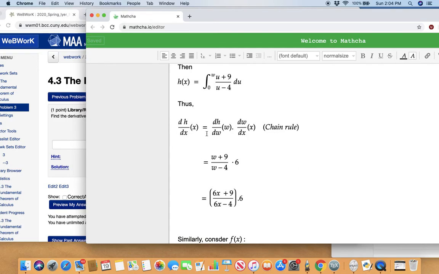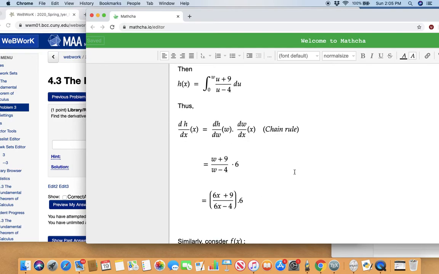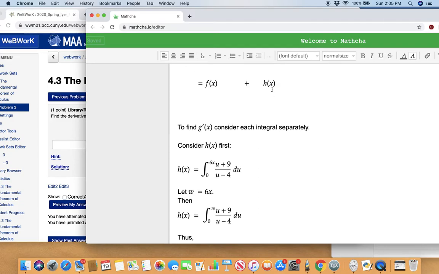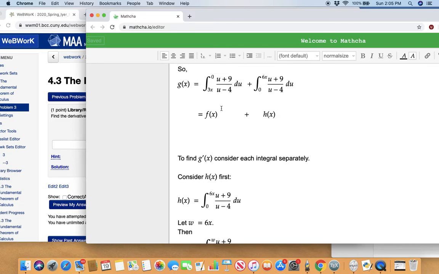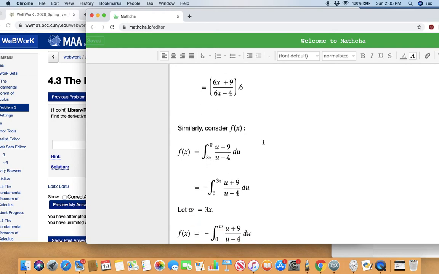So that was the first part for h(x). Now let's play with f(x). Same approach. f(x) though had a lower limit of 3x, upper limit of 0. Well, how do we interchange? We can always interchange. But when we interchange, you get a negative.